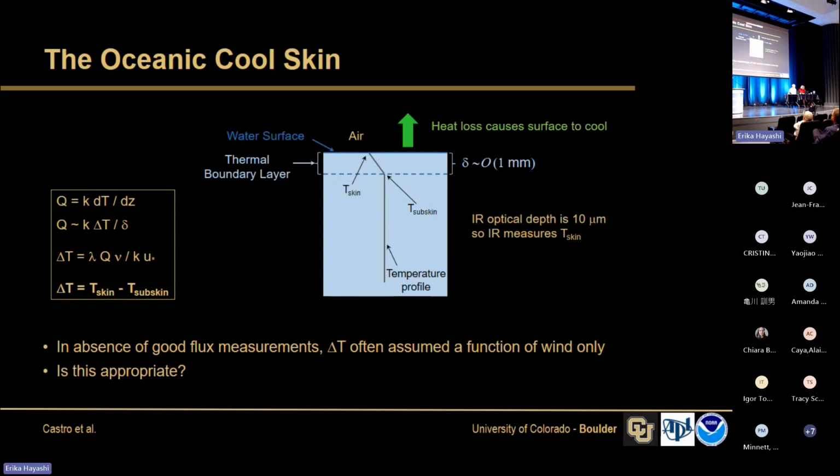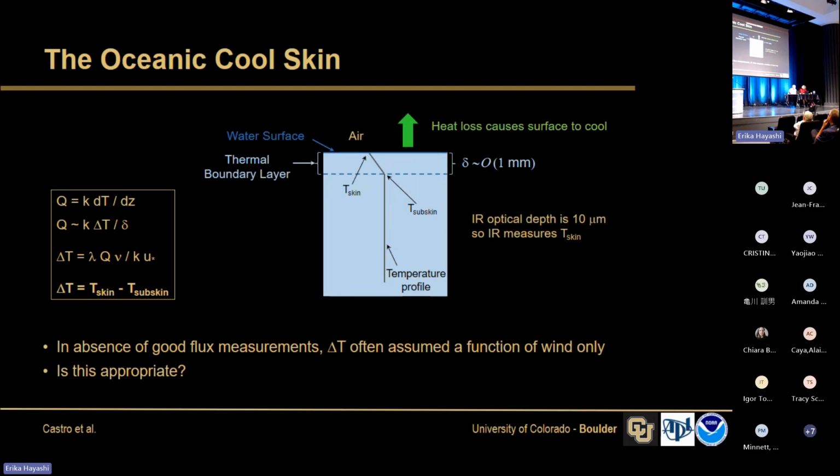So I'm going to give a very brief introduction to the cool skin, because this is one of the main foci of this talk. This was an area of research that was really active about 25 years ago. Then it went out of fashion, and recently it's raising some new interest, especially within the gas transfer community.